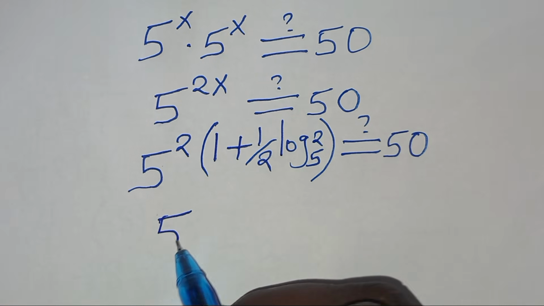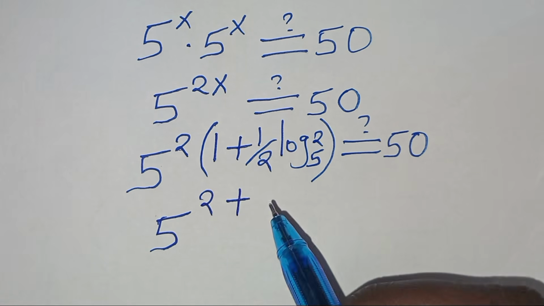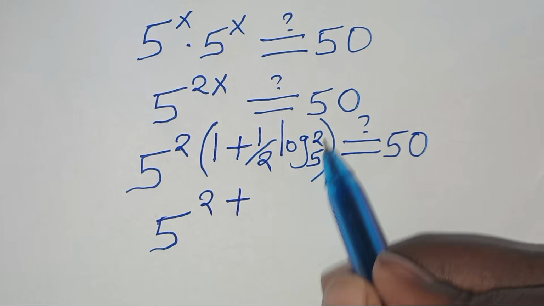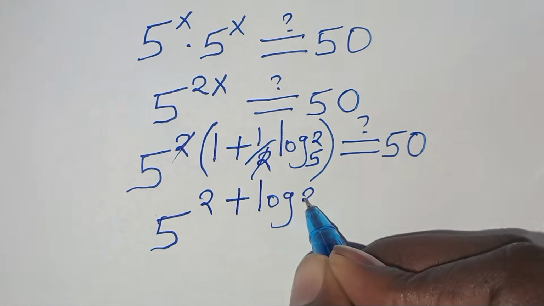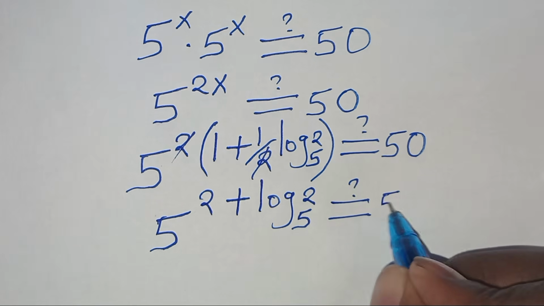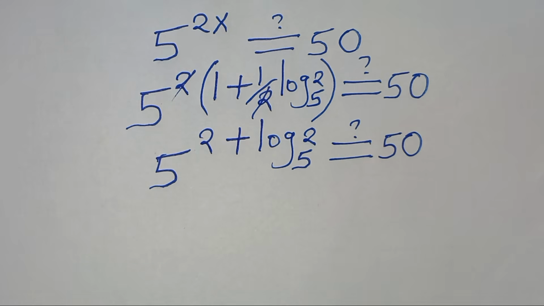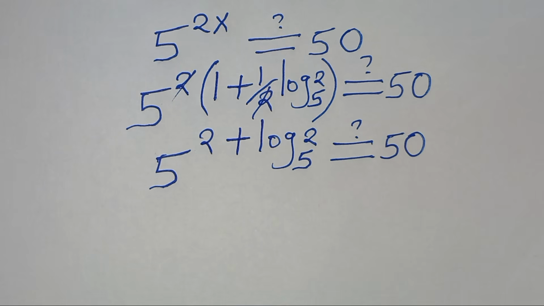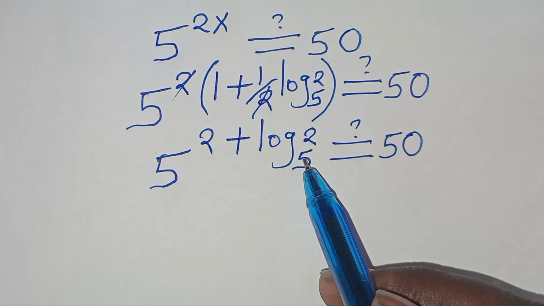So we have 5 raised to the power of 2 times 1, which is 2, plus 2 times a half log 2 to base 5. So this means we have 5 to the power of 2 plus log 2 to base 5. This is supposed to give us a value of 50.